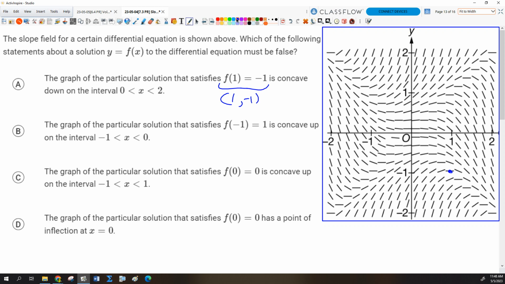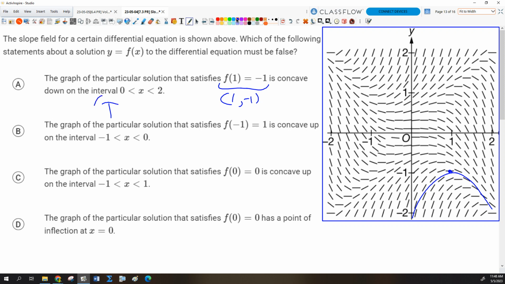Is concave down on the interval between 0 and 2. Yeah, we can see that because look, if I look at a trajectory that goes through that point, doesn't the trajectory go like this, right? So it is concave down. That's true. You can just see from what a trajectory would look like through the slope field there. That's all you have to do.